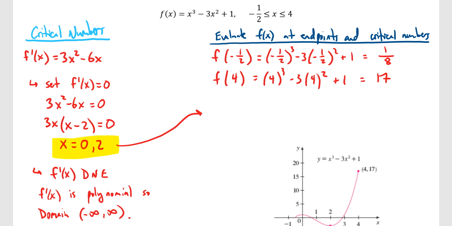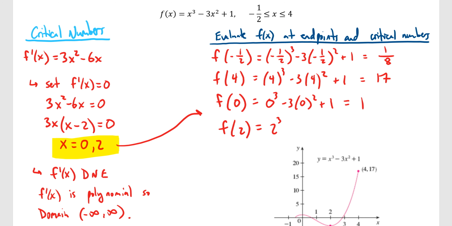these critical numbers and evaluate them in the function to find their y values. So we were going to find f of 0 and f of 2. F of 0, plug that in, 0 cubed minus 3 times 0 squared plus 1. That gives us a value of 1. Plug in 2. 2 cubed minus 3 times 2 squared plus 1.